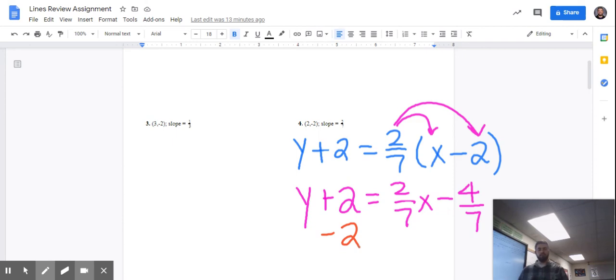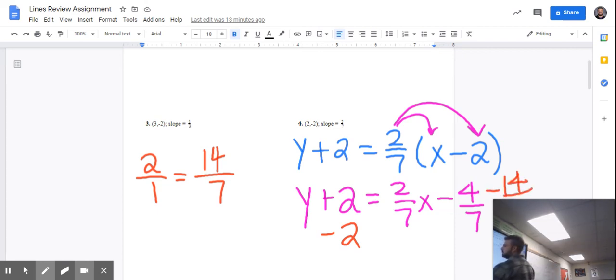So I'm going to think of 2 as 2/1. But how can I have 2/1 with a 7 on the bottom? I multiply the top and bottom by 7. So instead of subtracting 2 from both sides, I'm going to subtract 14/7.